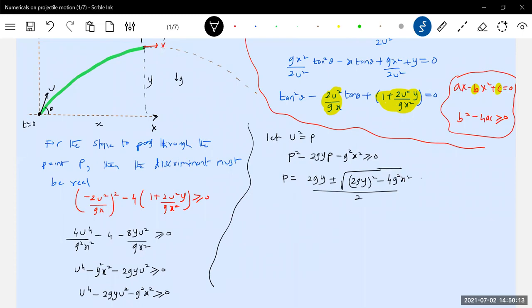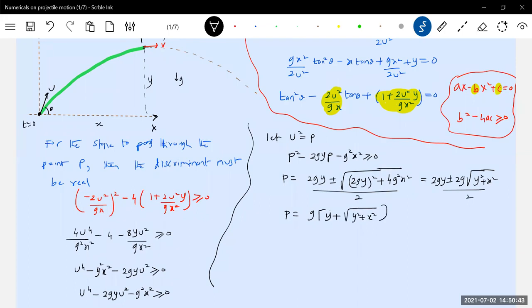Some quantities I can bring outside. 2gy plus or minus 2g, there should be minus of minus, so there should be plus, y square. So the 2 also gets eliminated. So p is equal to gy plus root of y square plus x square.